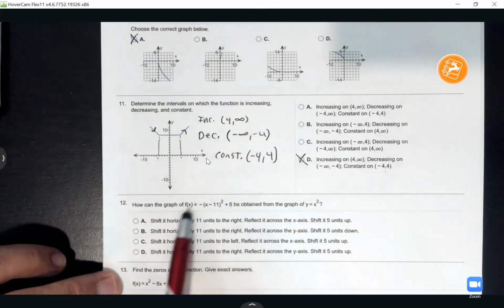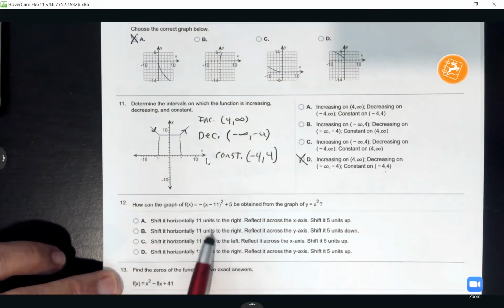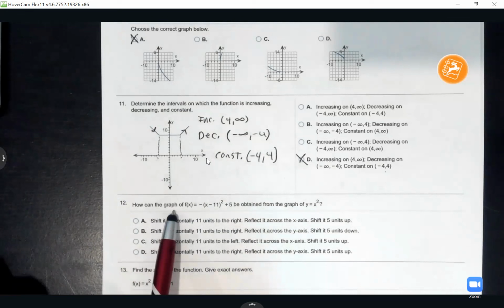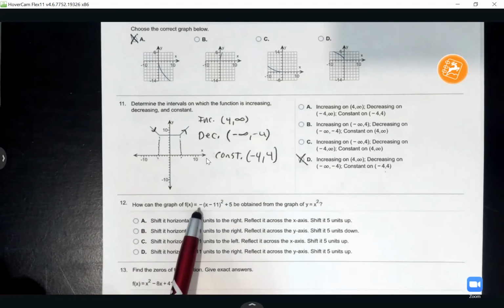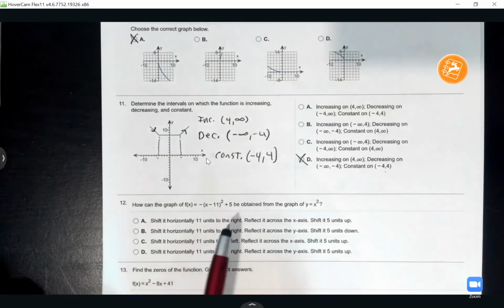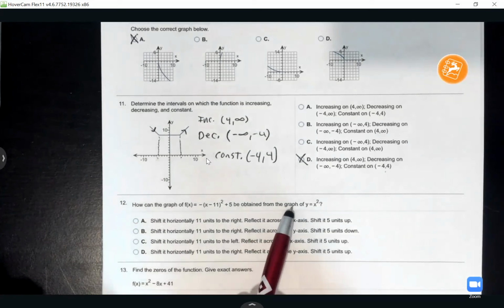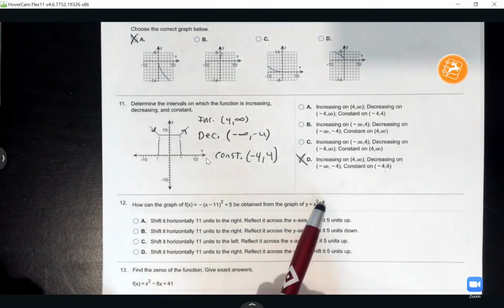All right, y'all, so this one we can actually do by hand too. Now they're telling you, how can the graph f of x equals negative (x minus 11) squared plus 5 be obtained from the graph of y equals x squared?